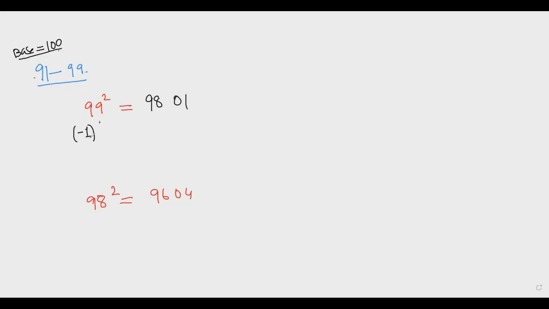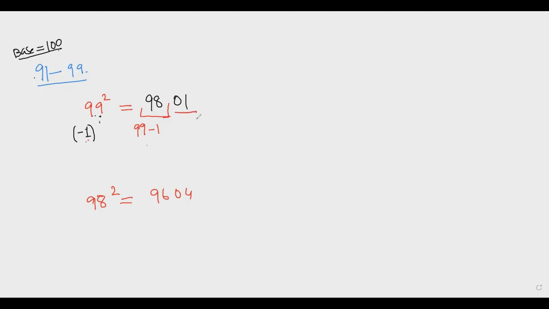Here what we are going to do is write the number itself, 99, and then subtract this 1, minus 1 here. That will give you 98, right?